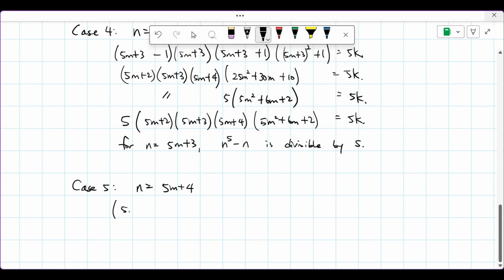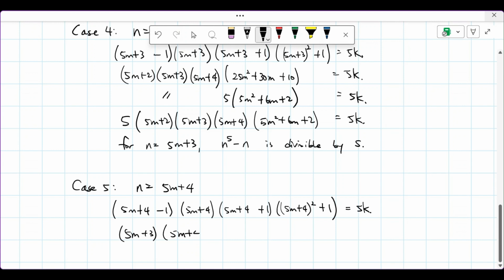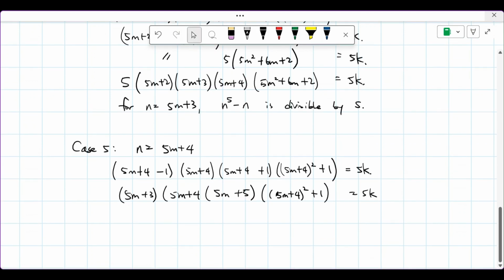All right, last one. 5m plus 4 minus 1 times 5m plus 4 times 5m plus 4 plus 1 times 5m plus 4 squared plus 1 equals 5k. So in this case, I think the third factor will become a multiple of 5. I wouldn't bother expanding this one right now because I don't need it. So I think we can factor out a 5 from the 5m plus 5.